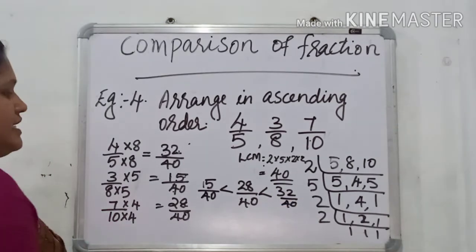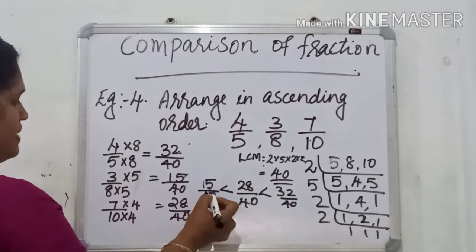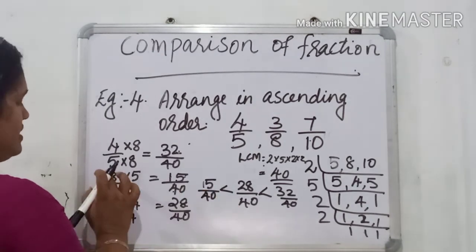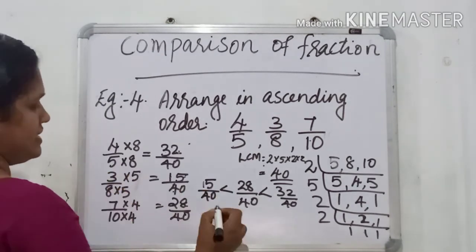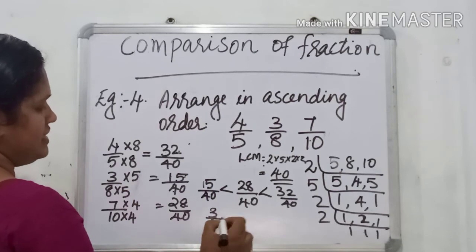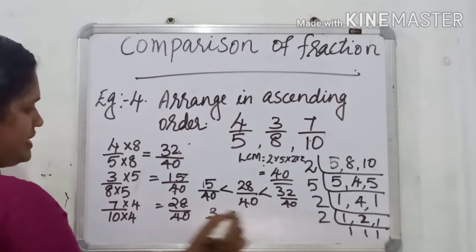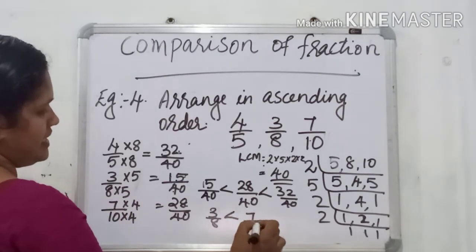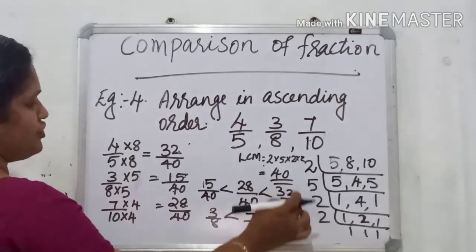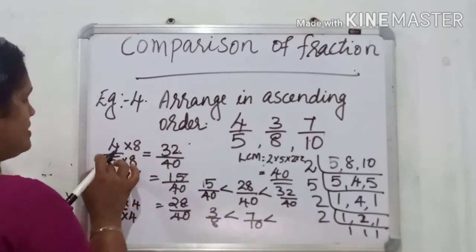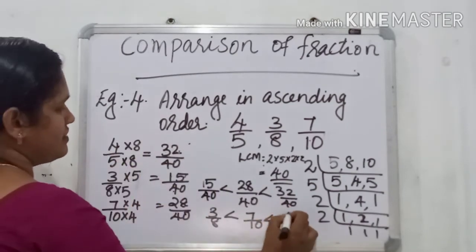Clear? Here 15 by 40 equals 3 by 8. 3 by 8 less than 28 by 40 equals 7 by 10. 7 by 10 less than 32 by 40 equals 4 by 5.